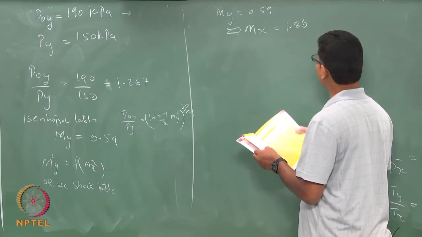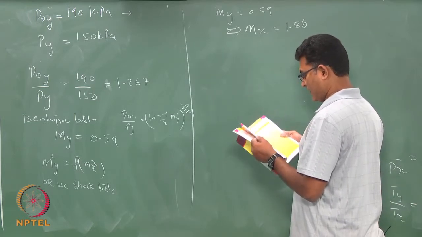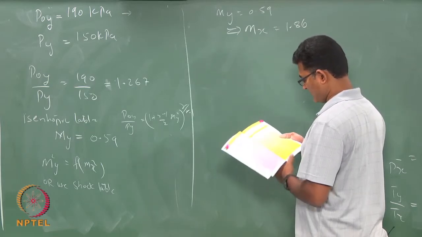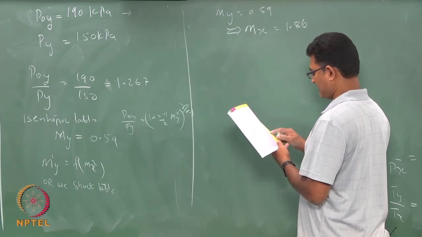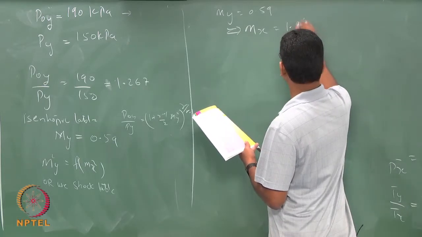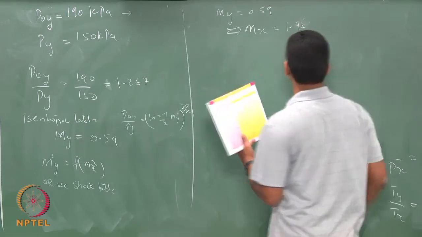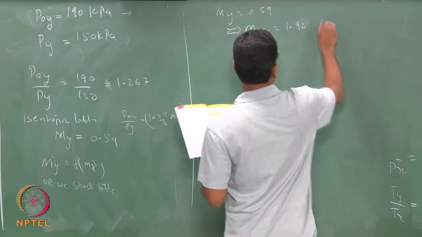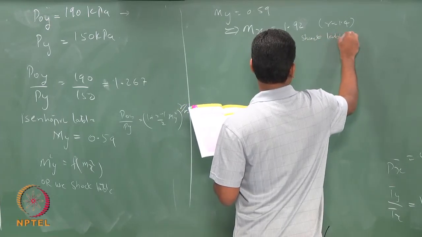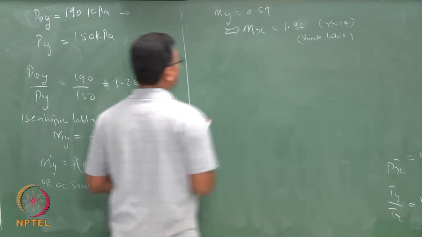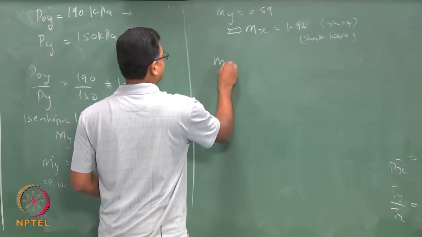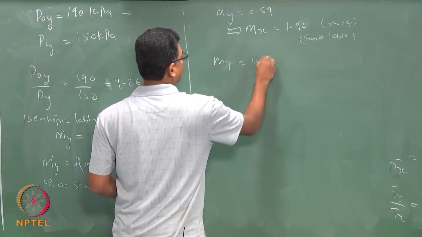So My 0.59 gives 1.92, for gamma equals 1.4 shock tables. So your Mx or M1 is 1.92.